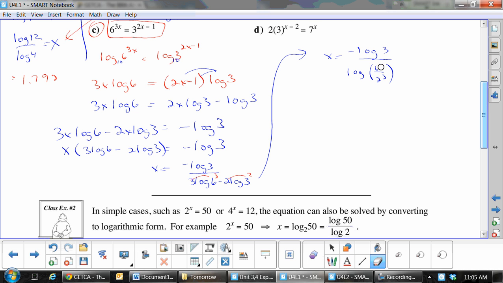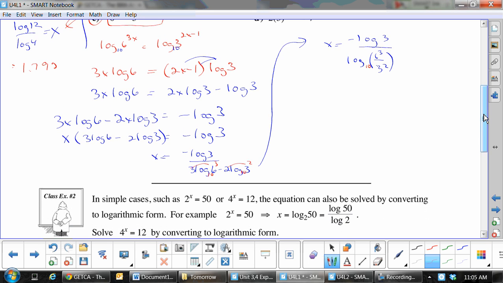Am I allowed to do that? Who can tell me why I'm allowed to do that? When you subtract logs, you can divide. That's what I have. There's tens here, right? There's little invisible 10s there.